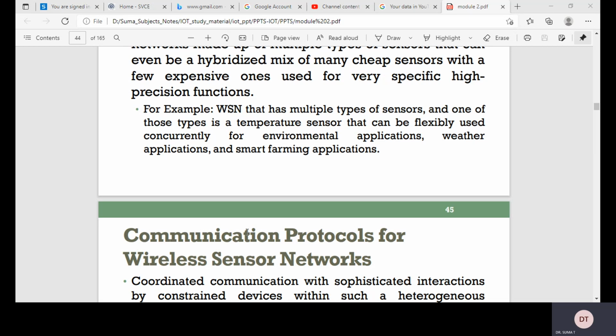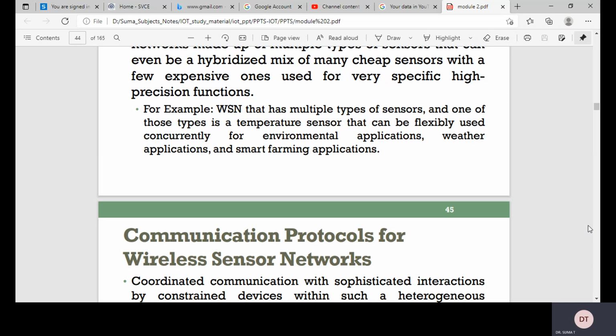There are literally thousands of different types of sensors and actuators. To further complicate matters, WSNs are becoming increasingly heterogeneous with more sophisticated interaction.